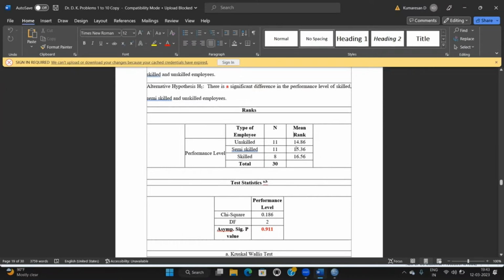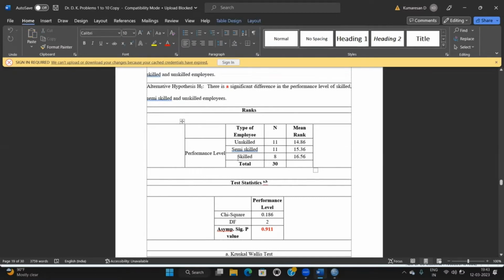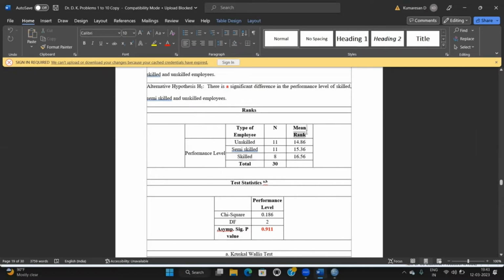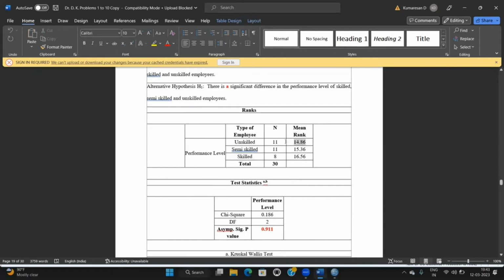If it is mean score, then we can say skilled employees are the best one. But since it is given as mean rank, the lowest will be considered as the best performing category. So here 14.86 for unskilled, 15.36 for semi-skilled, and 16.56 for skilled.